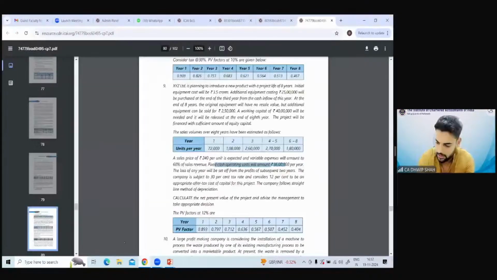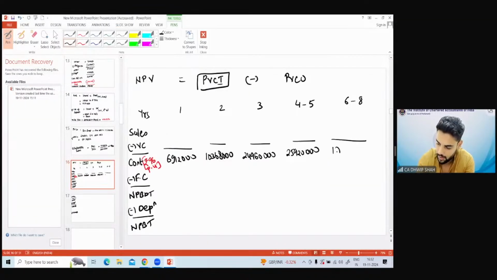And for year 6 to 8, 180 into 96, 172.80. You can also simultaneously calculate with me, because I have told you my calculator does not give the correct first number. So you can also simultaneously calculate and check.